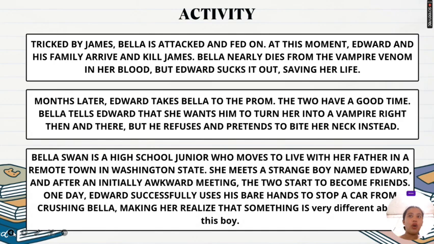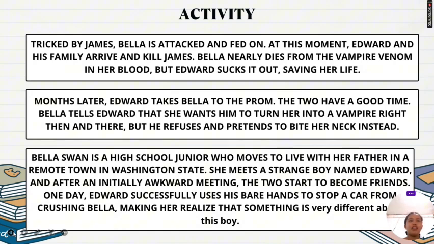She meets a strange boy named Edward. And after an initially awkward meeting, the two start to become friends. One day, Edward successfully uses his bare hands to stop a car from crushing Bella, making her realize that something is very different about this boy.